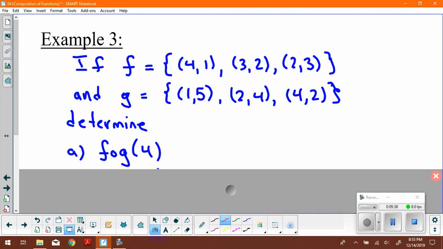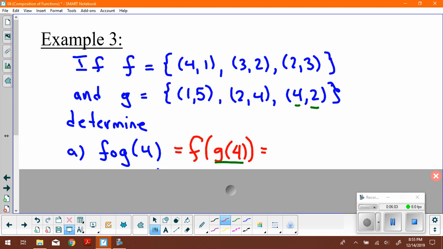The easiest way to see what's going on is, again, just to switch notations. f of g of 4 means I figure out g of 4 first, so I start with the inside. What is g of 4? I go to my point table. When x is 4, y is equal to 2.